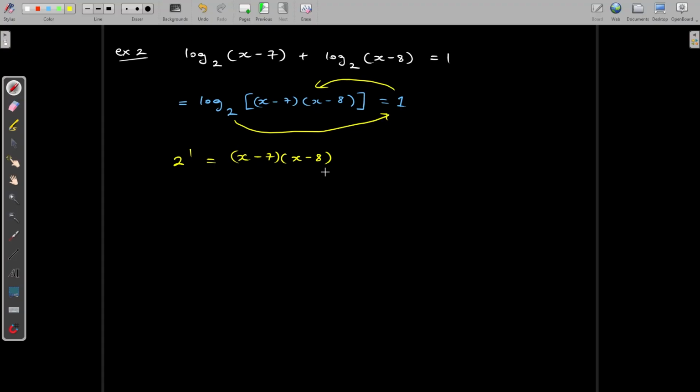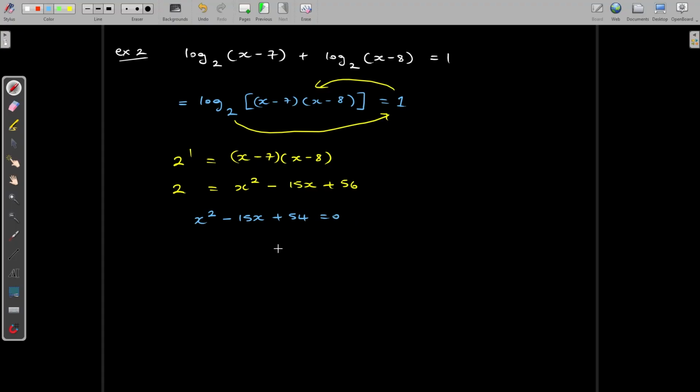Then we'll expand, get our quadratic, and solve. So 2 is equal to x squared minus 15x plus 56. We can bring over the 2 to get a general quadratic: x squared minus 15x plus 54 is equal to 0.